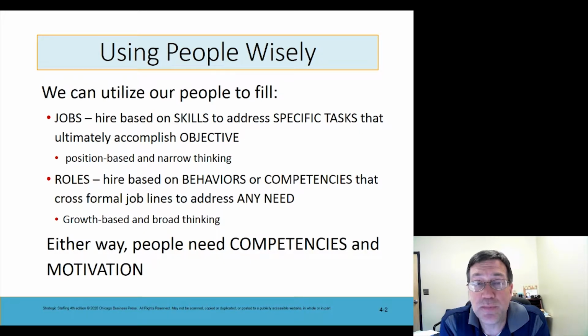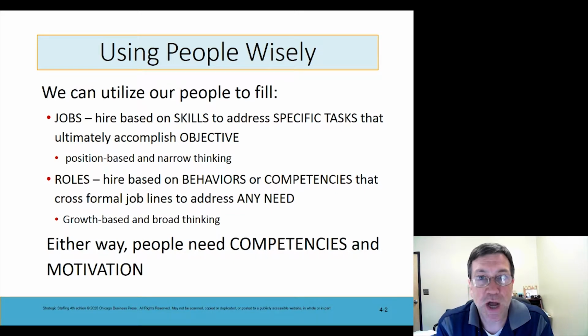If we hire people to fill roles, we're not looking at specific skills, but we're looking at capabilities or behaviors, things that they're capable of, functions, competencies that may not just specifically relate to this job, but can be used to cross borders into other jobs, into other departments, so that we have the ability to fill any need that comes up.